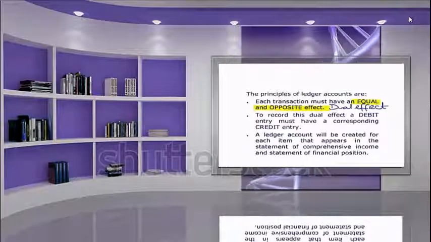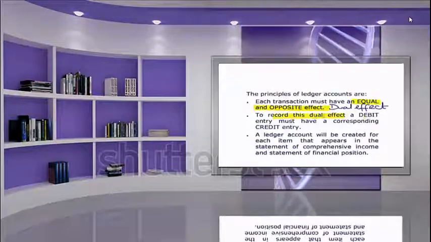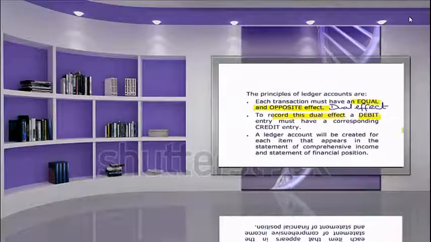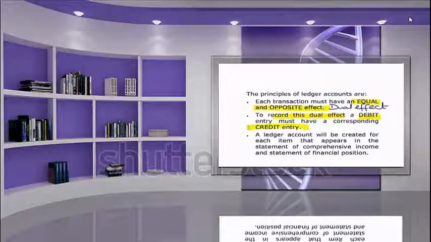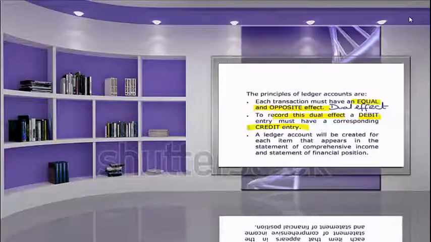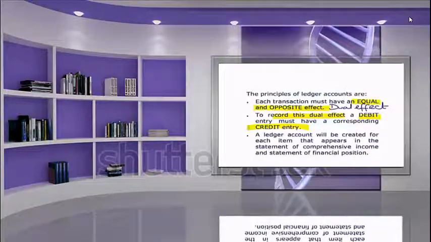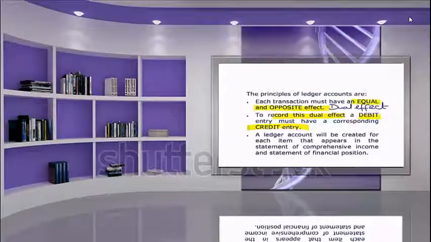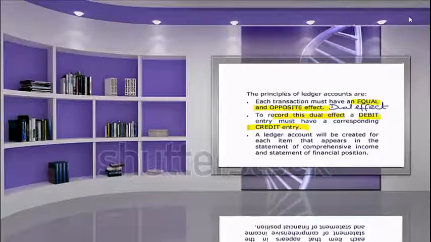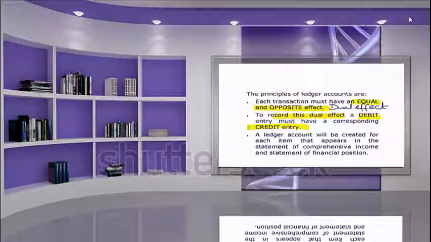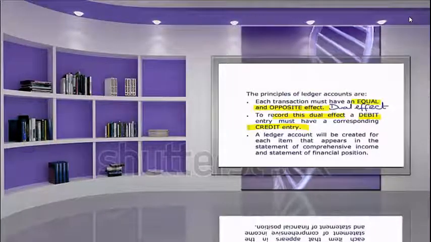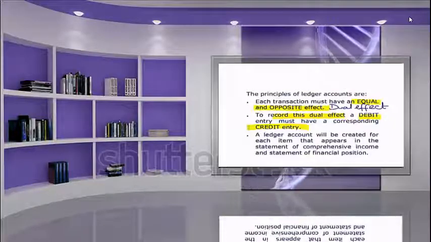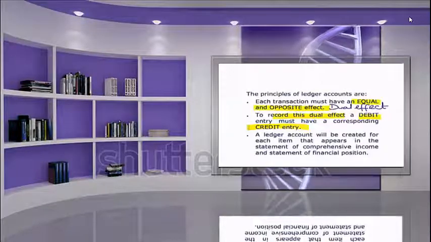So to record this dual effect, every debit entry on the left must have a corresponding credit entry on the right. So every debit must have an equal and opposite credit. So that dual effect principle that we saw will still be the same. All we've got to learn now is what is a debit and what is a credit entry.